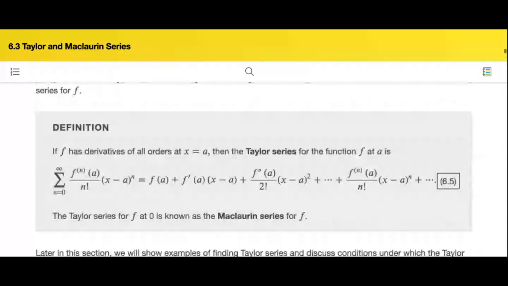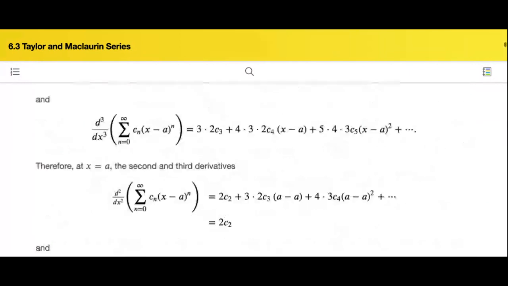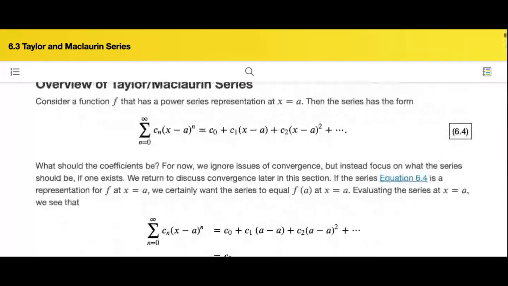Okay, so let's go back here. We have to remember what a Taylor series is, what a Maclaurin series is. Everything started from here. So remember, in the very beginning, we have c_n multiplied by (x minus a) raised to n.